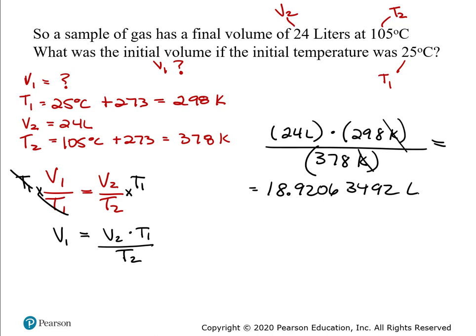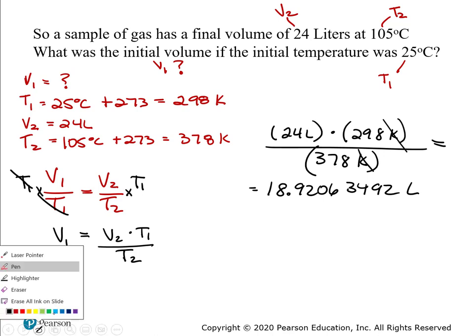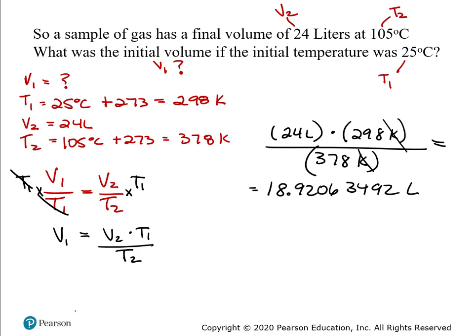Now, when you do significant figures, some people would say, well, look, T1 at 25 degrees, but 298. So when you do this, always go back to the numbers in the problem to figure out how many significant figures. In this one, it really doesn't make a difference, but it might in another one. So 24 liters, how many significant figures? 2. 105, how many significant figures? 3.